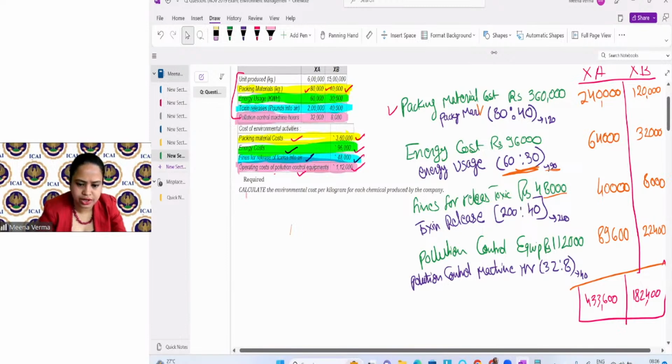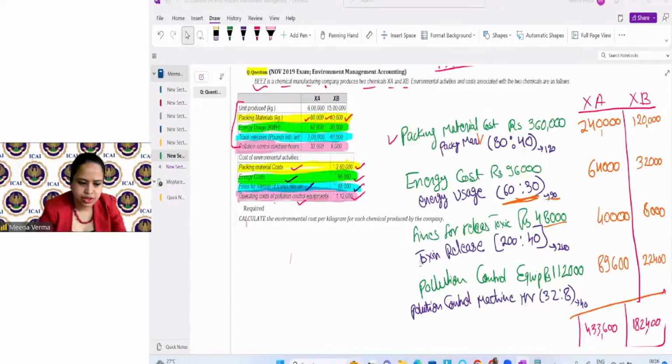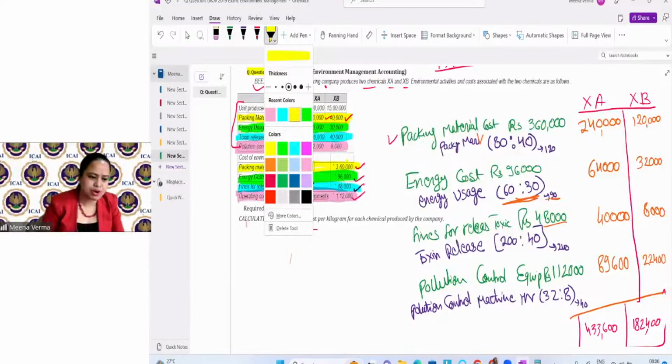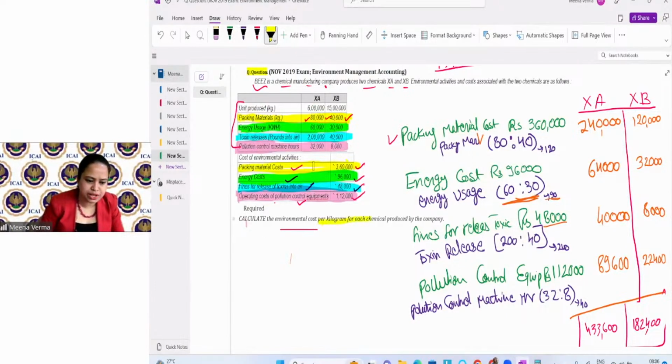Any of you, any student have doubt here? Yes. Do you have a doubt? Okay, so what is the question? Calculate the environmental cost. We have calculated the environmental cost already, right? So the question is to calculate the environmental cost per kg of each chemical produced. Oh, so we have to find the environmental cost per kg.